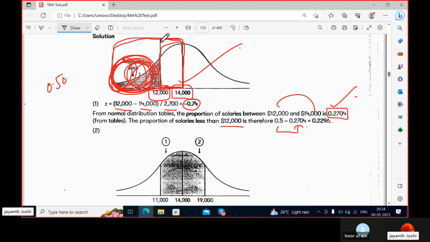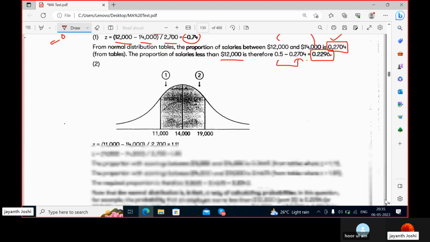When we remove this area, we will get this area, or not? From 50%, I'll remove 0.2704. I'll get 0.2296. That is the proportion of salaries less than 12,000.